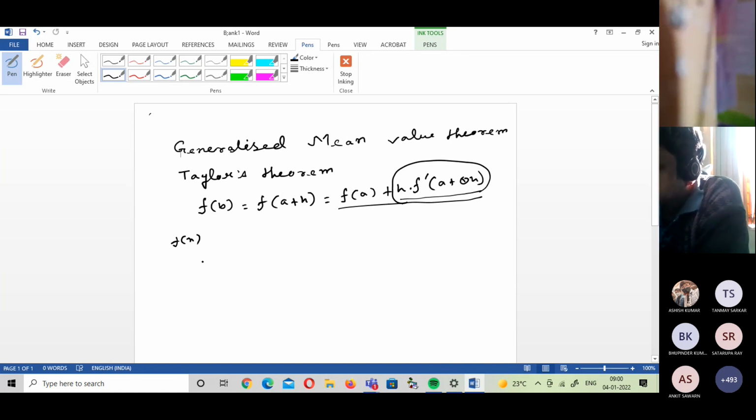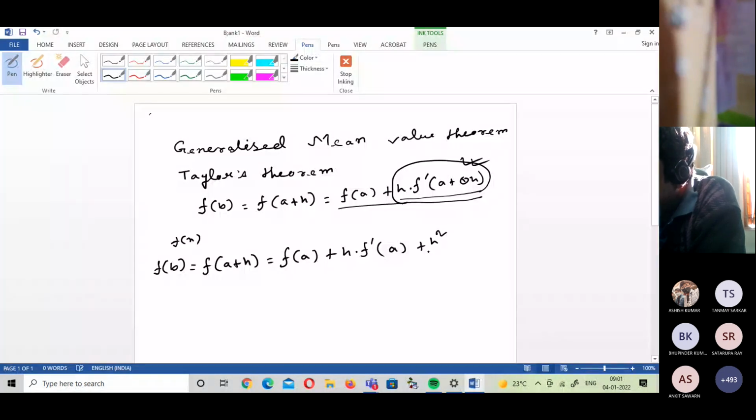Now if we take the remainder term or the error term in n plus 1th after nth term, then what will be the situation? Then also f of b, that is f of a plus h, equals f a plus h into f dash a plus h square by factorial 2 into f double dash a.